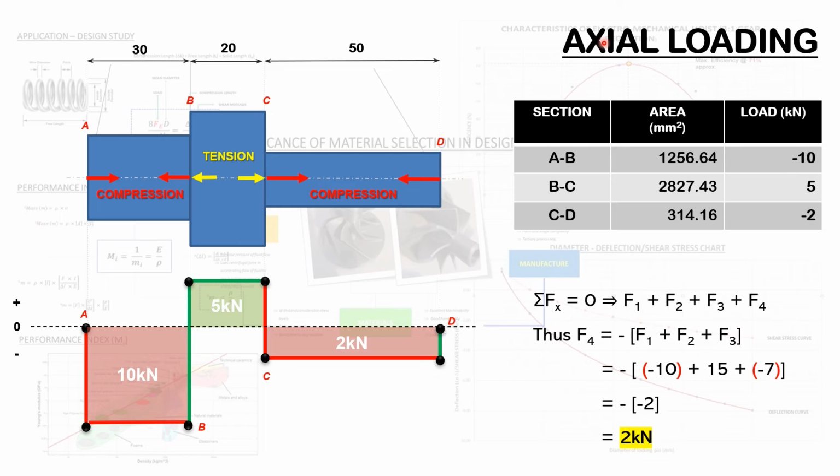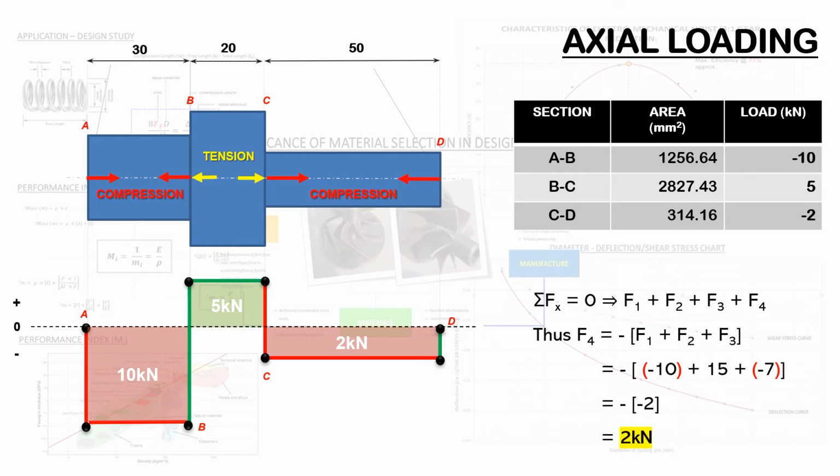So we can then proceed to calculate the cross-sectional area. Since the component is circular, we can use pi r squared to calculate the cross-sectional area, or we can use pi d squared over 4 to do likewise. So section AB will yield a sectional area of 1256.64.